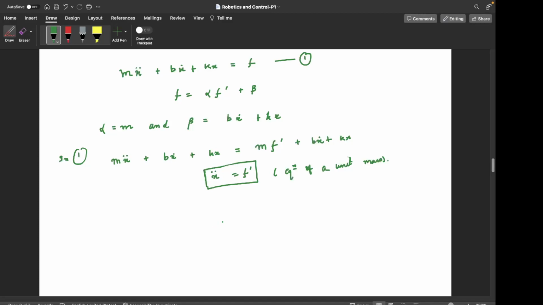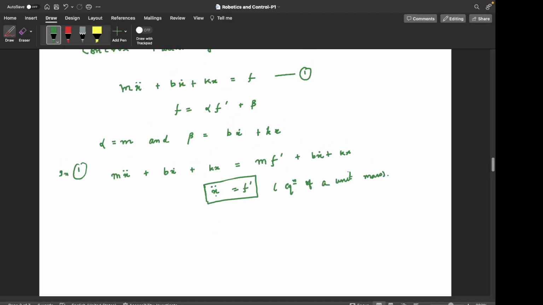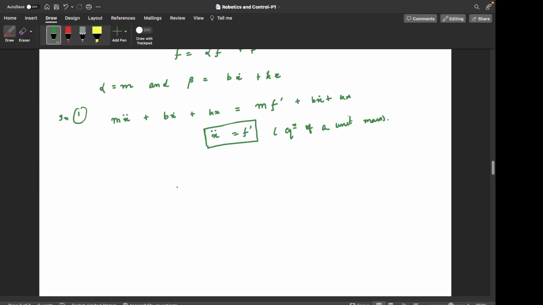Now let's choose f dash. We have to choose f dash, so how do we compute f dash basically? Again, as before, let's choose f dash as kp times x minus kv times x dot.